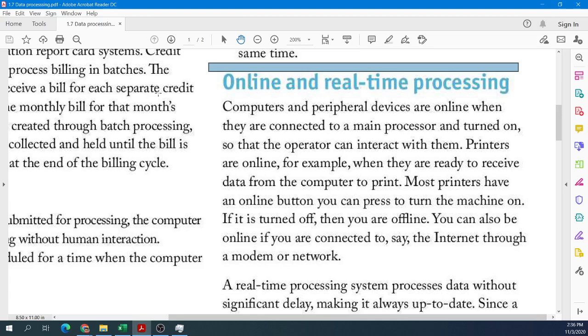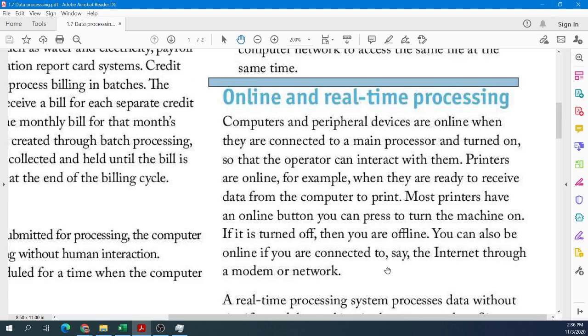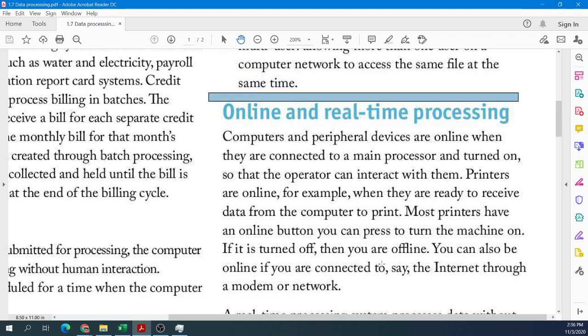Most printers have an online button you can press to turn on the machine. If it is turned off, then you are offline. You can also be online if you are connected to, say, the internet through a modem or network.